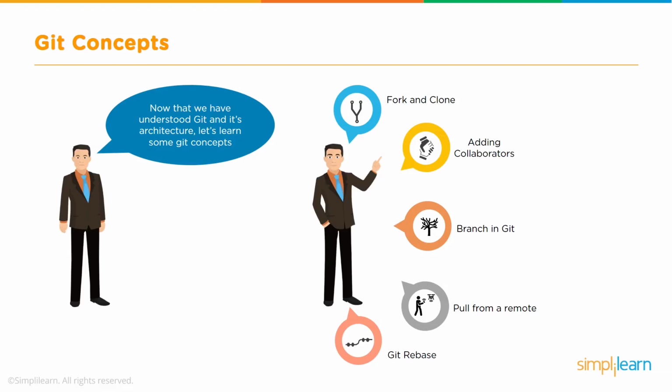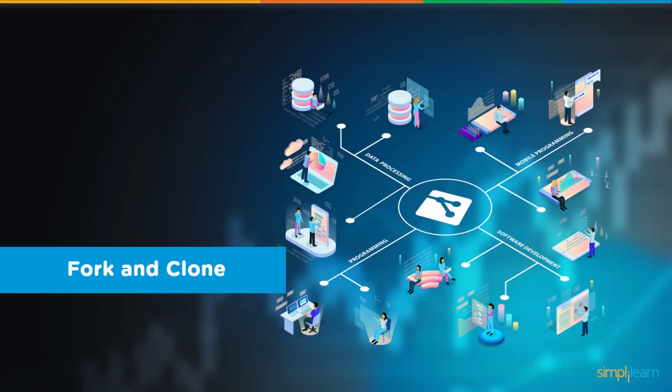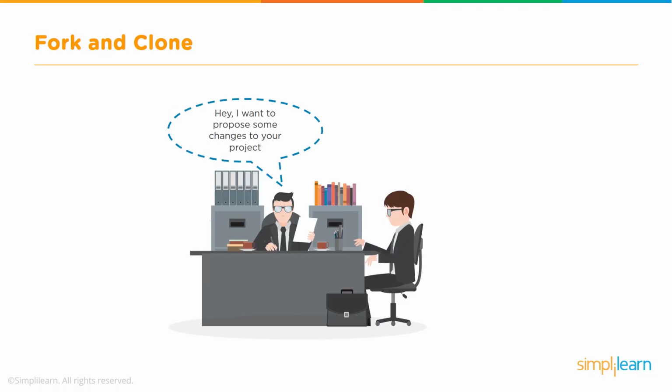So let's go through forks and clones. You want to go ahead and fork the code that you're working on. Let's use this scenario: one of your team wants to add a new change to the project. The team member may say, yeah, go ahead and create a separate fork of the actual project. So what does that look like?